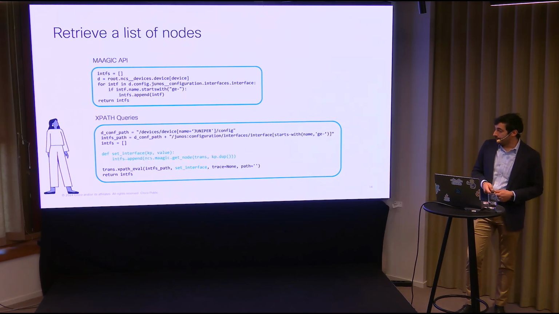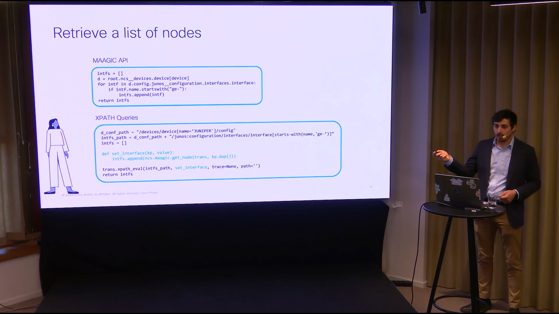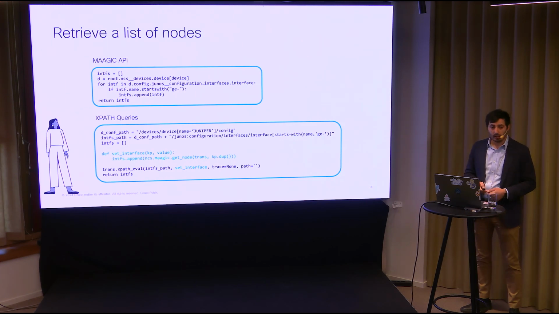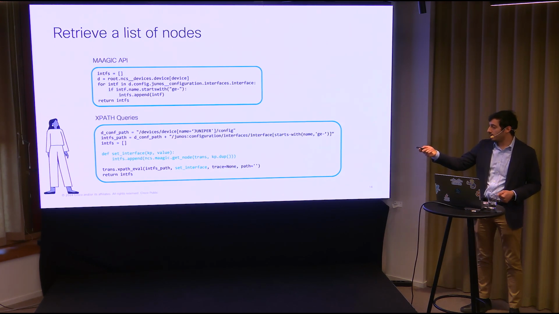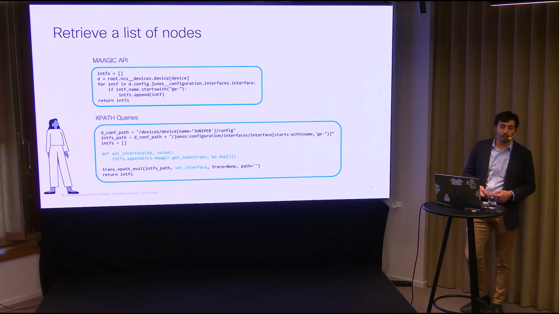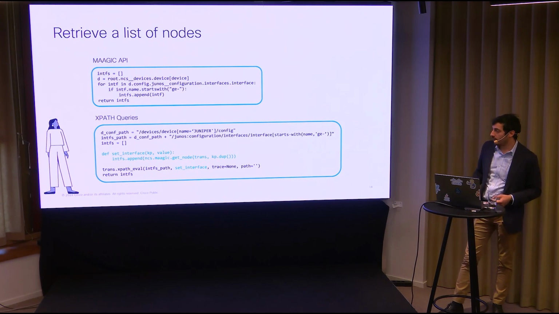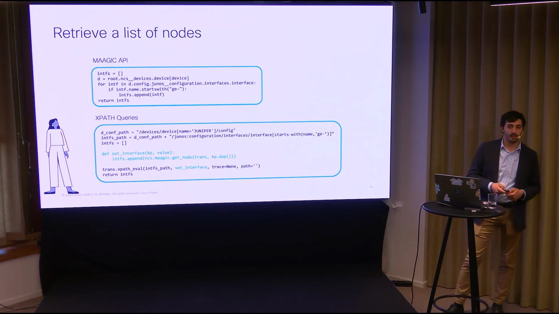This method is very simple. It always takes 2 parameters as input, the key path and the value. Here I'm interested in the node, so we use the magic getNode method to retrieve my interface and append the interface into the interfaces array.